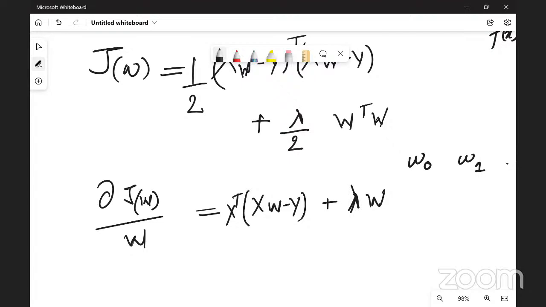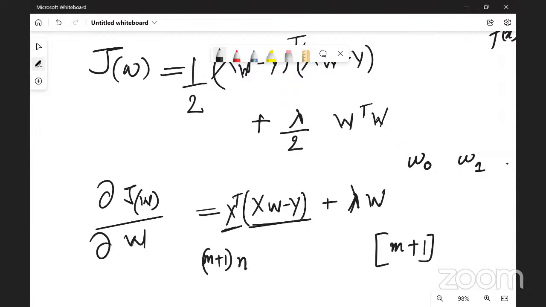You can verify that this is a vector of size m plus 1. It would have m plus 1 components. This is X transpose, that means m plus 1 by n.